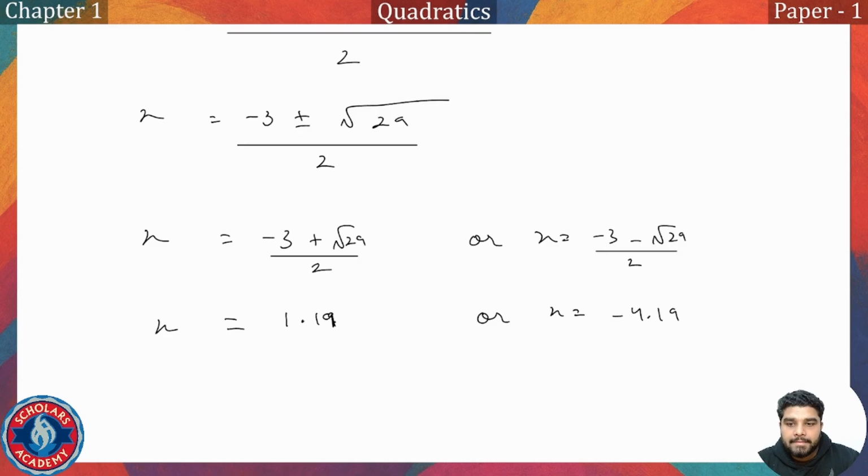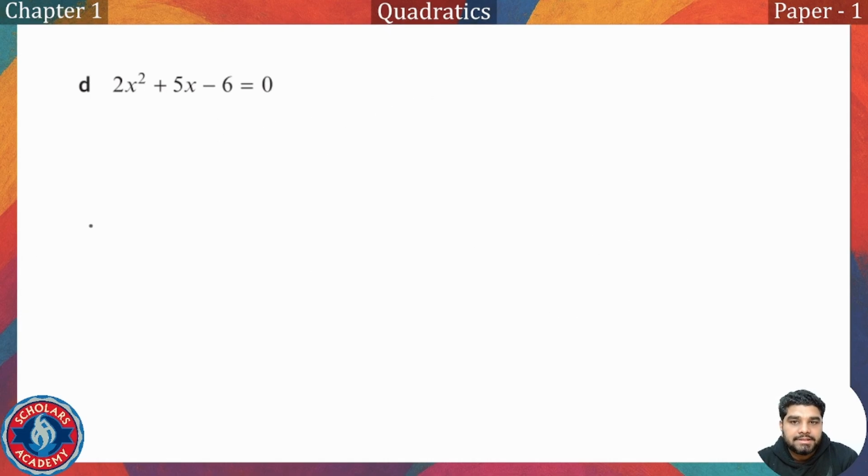All right, let's continue. Comparing it with the general equation, we get a as 2, b as 5, and c as negative 6, sorry, not equal to 0, negative 6 only.